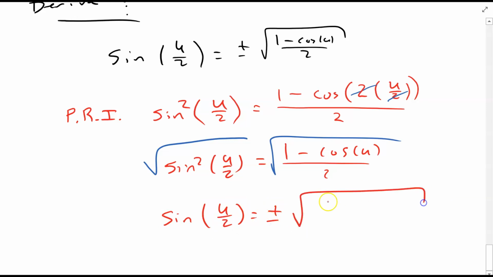And because I was the one taking the square root of both sides, I generate the plus or minus. And there's my half angle. So it's a direct consequence of the power-reducing identity.